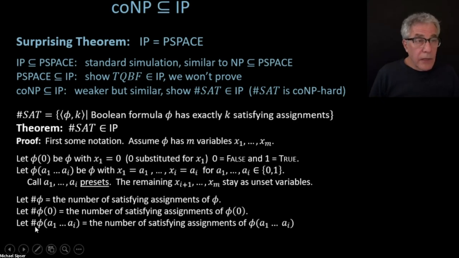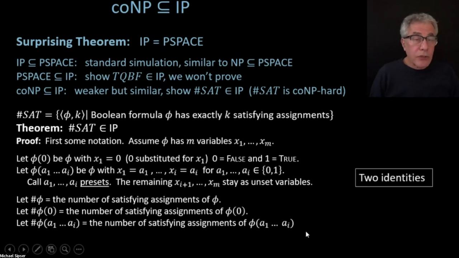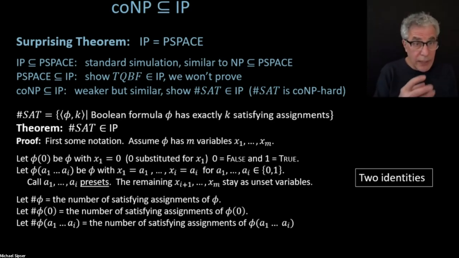And #φ of a1 to ai is where you've set the first i variables to those i values, and then you look at the number of satisfying assignments with those presets in mind. Okay, so there were two facts. I'm going to call them identities because we're going to rely on those, and we're going to actually extend those to the non-Boolean case, as we'll see shortly.